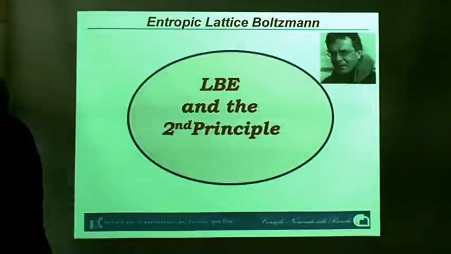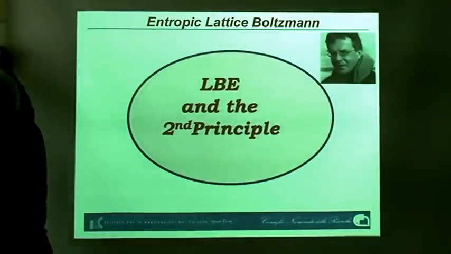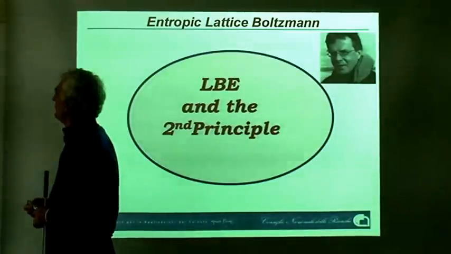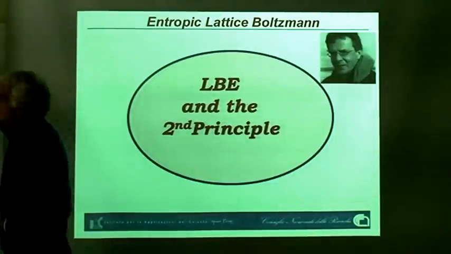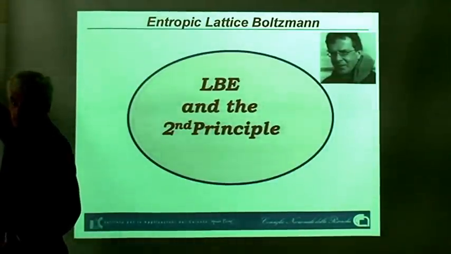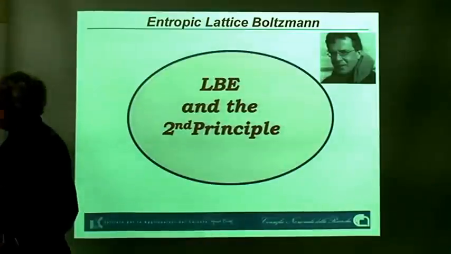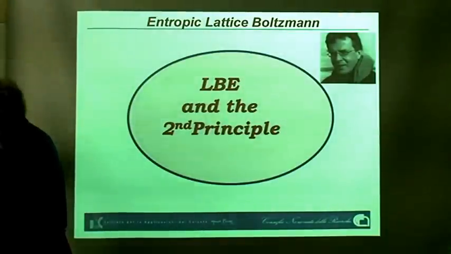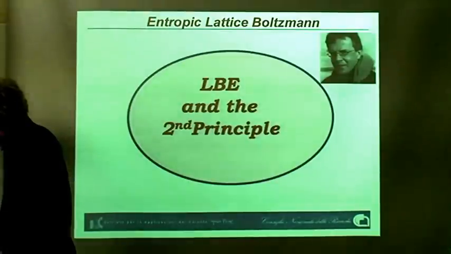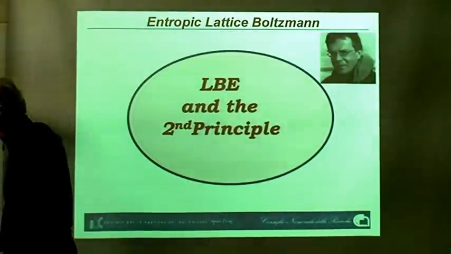So there is a quantity which is only increasing, and at equilibrium it stops increasing and settles down. This evolutionary constraint, the second principle, has to be fulfilled. In the language of kinetic theory, this is called the H theorem. I will not bother you with it until after the break.